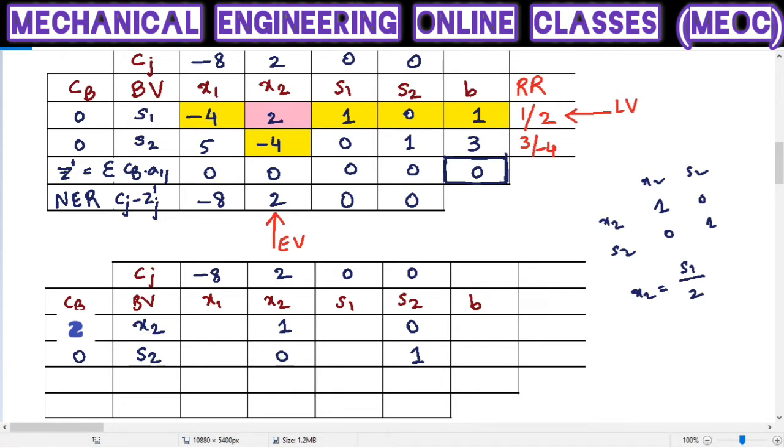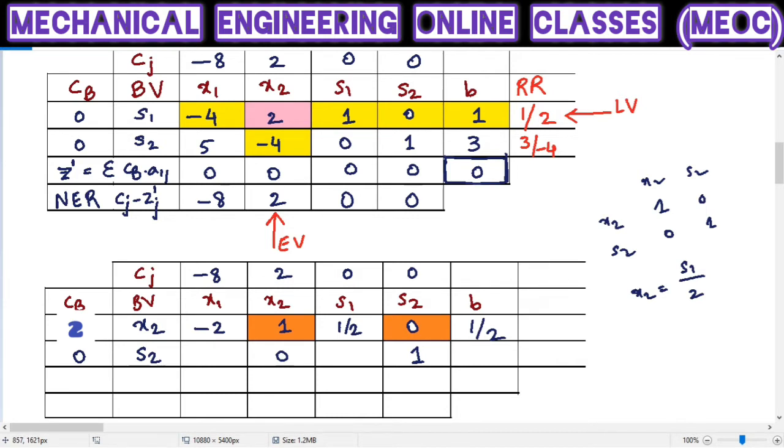So minus 4 by 2 is minus 2. 2 by 2 is 1. So we attained this. Now 1 by 2 is this. Then 0 by 2 is 0. We got this also, which is nothing but 1 by 2. For the leaving variable, the RHS will become the entering variable's B value.